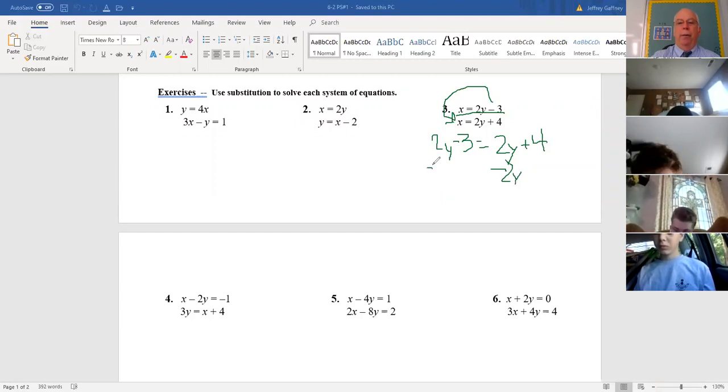What happens? Anybody? You know why? No y. So now I have no variable to solve for because that zeroes out, and I get -3 equals 4.